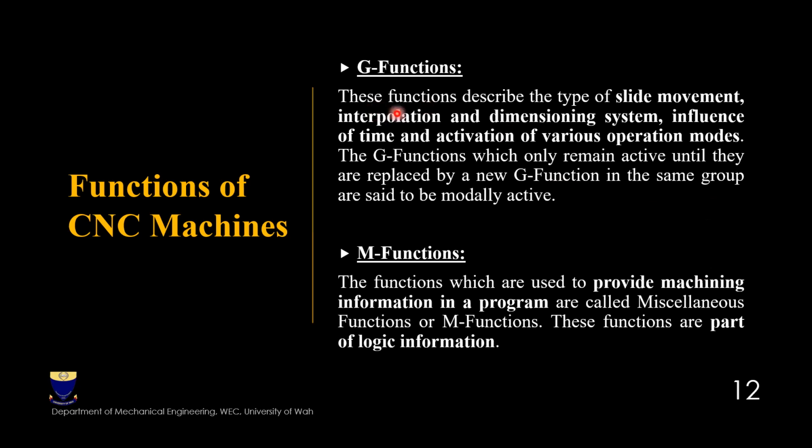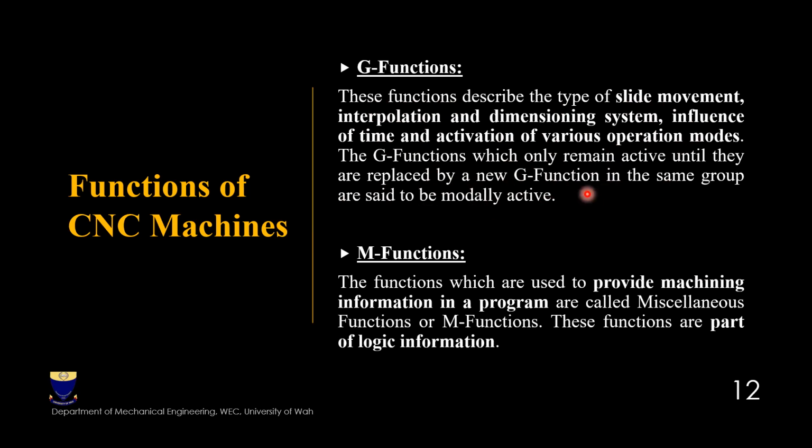G functions, number one. These functions describe the types of slide movement, interpolation, and dimensioning system, influence of time, and activation of various operation modes. The G functions which only remain active until they are replaced by a new G function in the same group are said to be modally active.